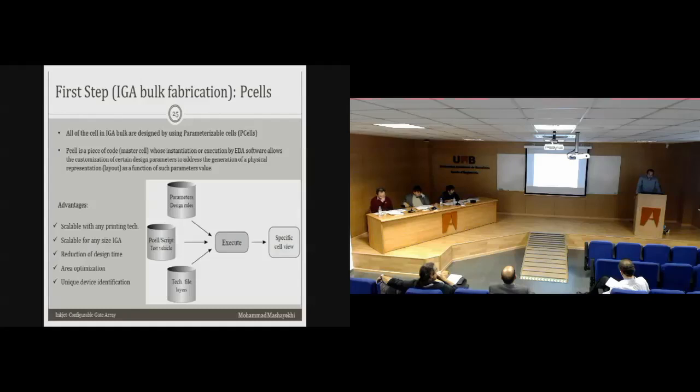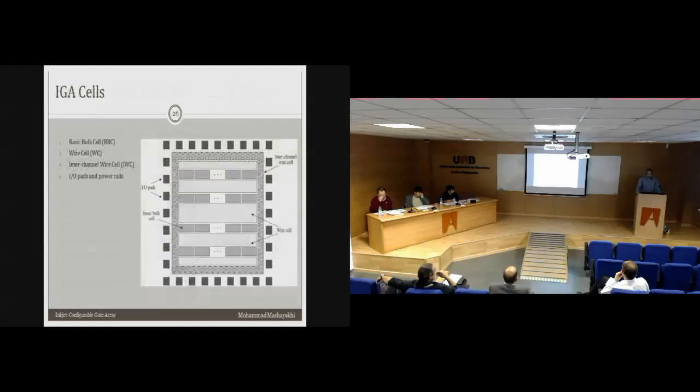And it reduces the design time because you don't need to deal with polygons and rectangles; just by writing a piece of code and defining some design parameters, you can generate the IGA automatically. You are optimizing the IGA area, and you will also have a unique device identification in the gate array, which can be used later for characterizing the transistors if required.